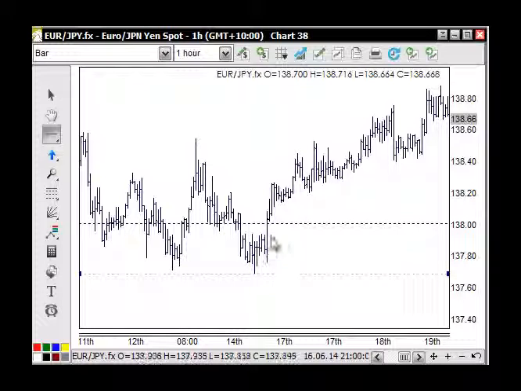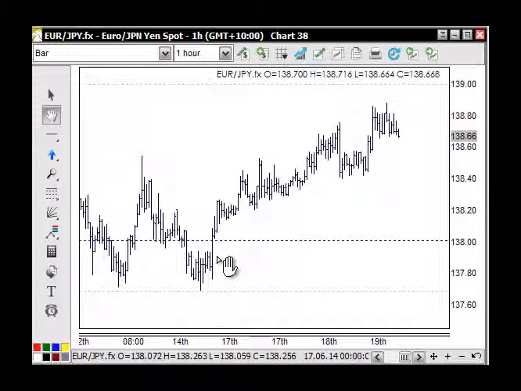So 1, 2, 3, 4, and 5 to here, and we noted that before, having 5 waves here. So this makes this basically all of wave 1, 2 to here, wave 3 to here, wave 4 to here, and wave 5 up to this point here, or possibly another little move up here, because this can be 1, 2, 3, 4, and 5 here.